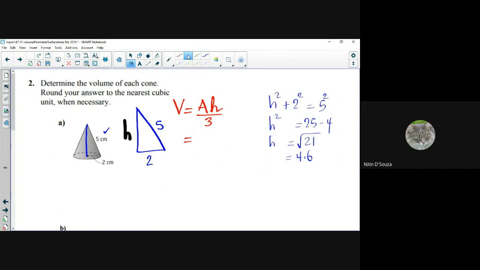The area of my base is going to be pi times the radius squared. My height is 4.6. That's going to get divided by 3, times pi. And I've got 19 centimeters cubed.